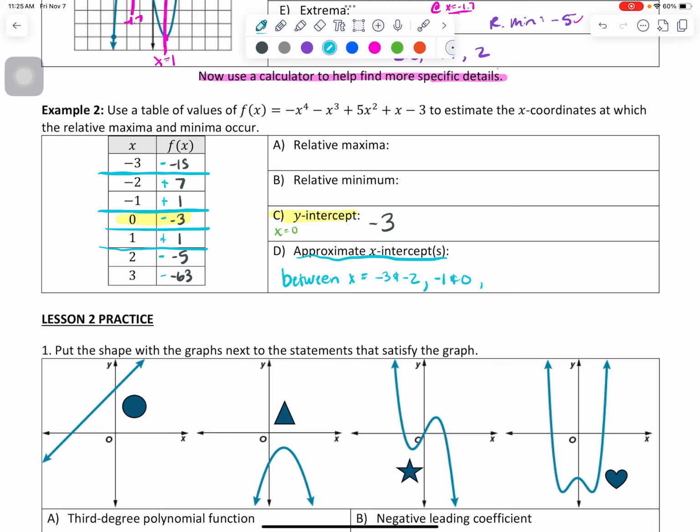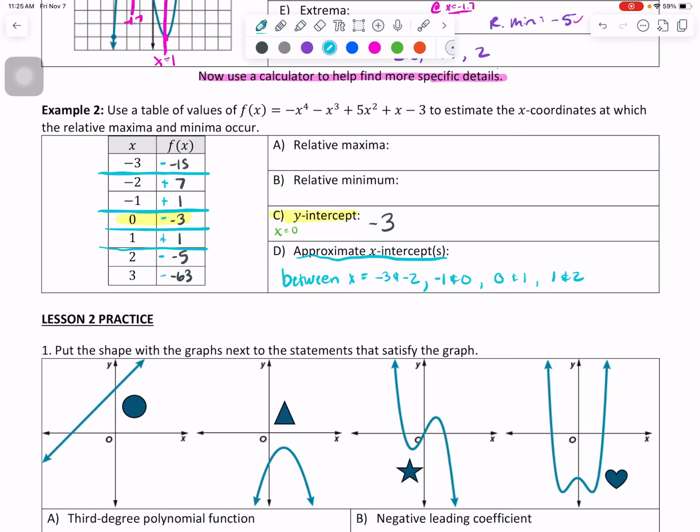The next line down was between 0 and 1. And the next line is between 1 and 2. So we will have an x-intercept between those x values.